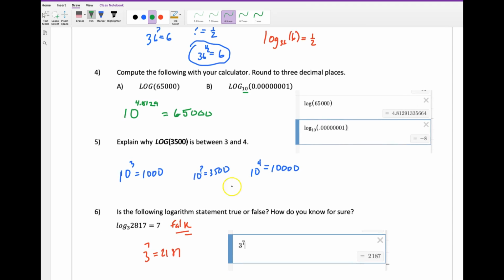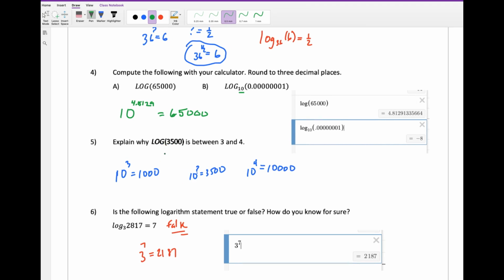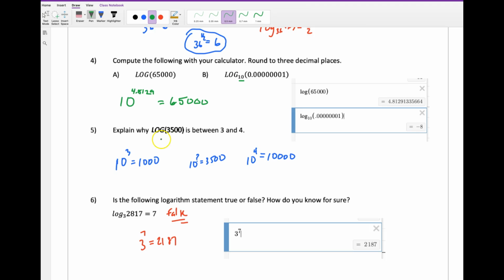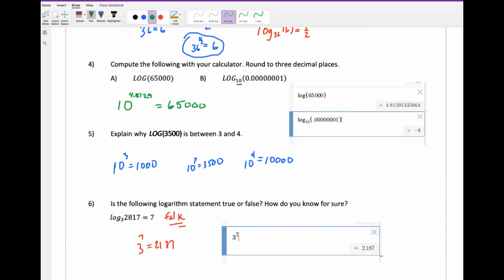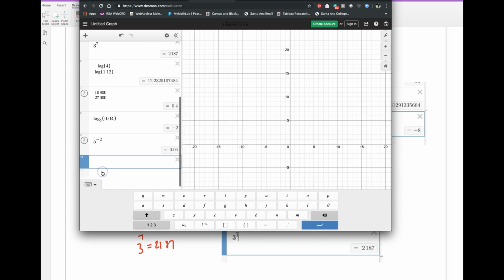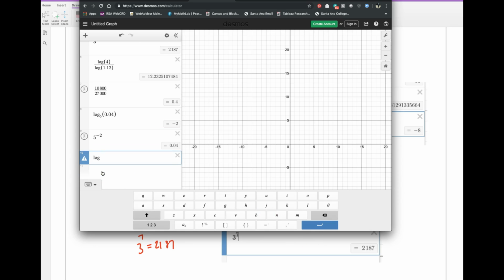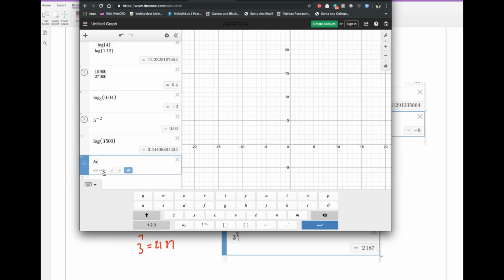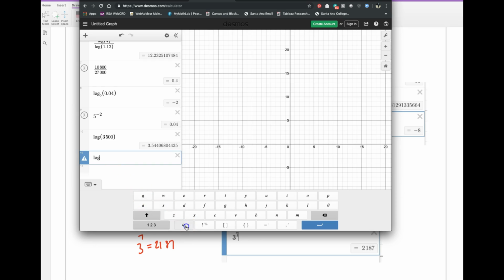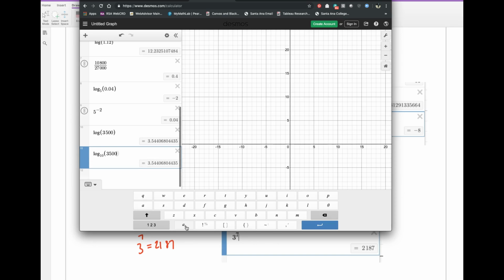Okay. And then why is this answer, log of 3,500, between 3 and 4? Again, looking at Desmos, we can type that in, log of 3,500. You can see it's an answer between 3 and 4. I want to show you also, it's the same if you did a base 10 of 3,500 equals 3.54.